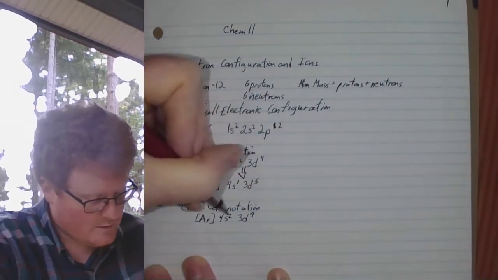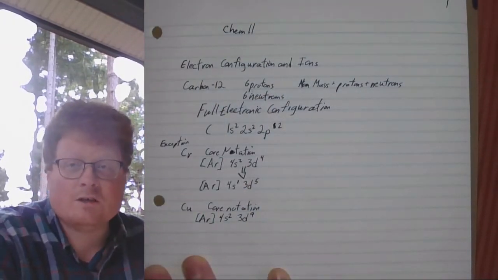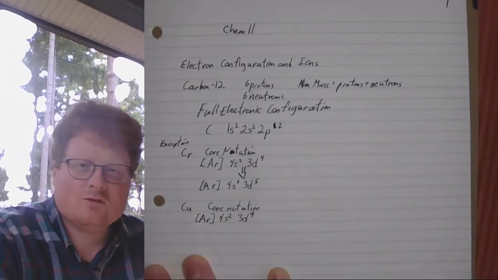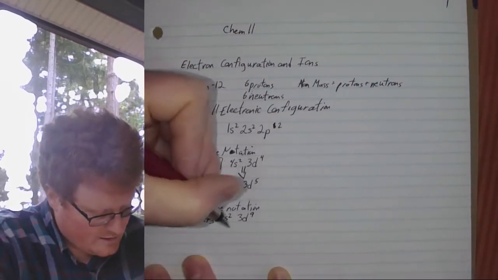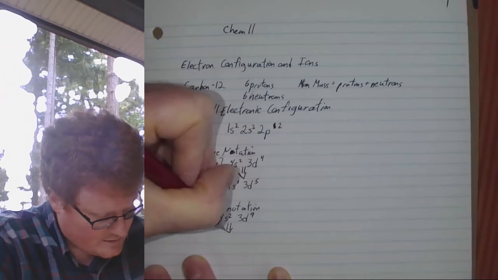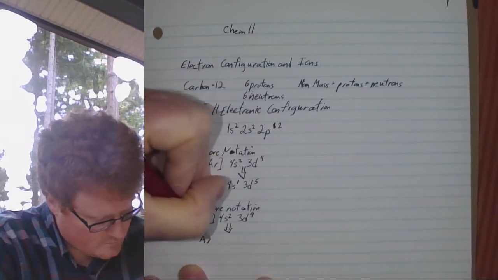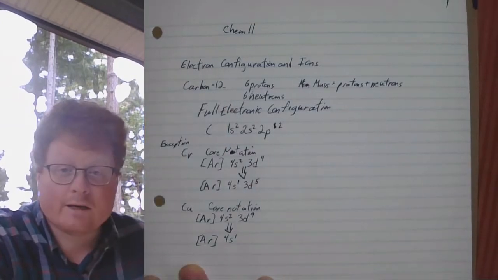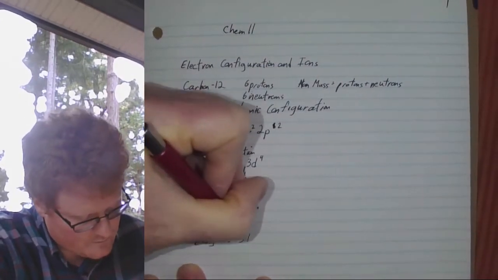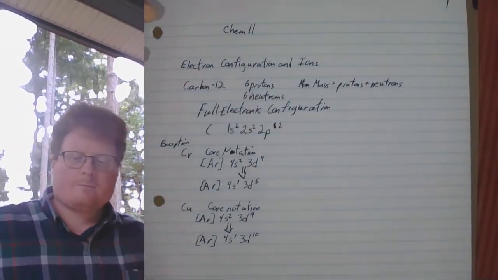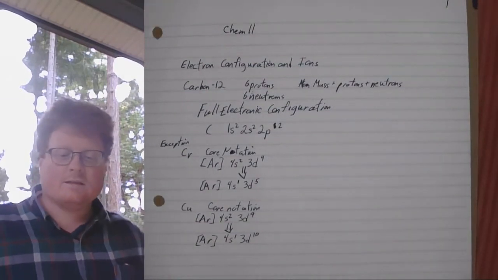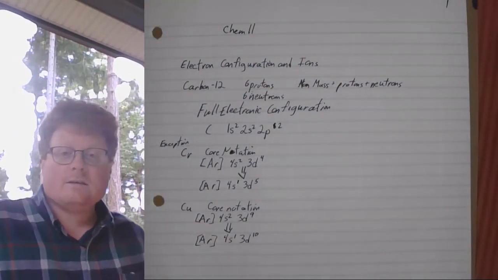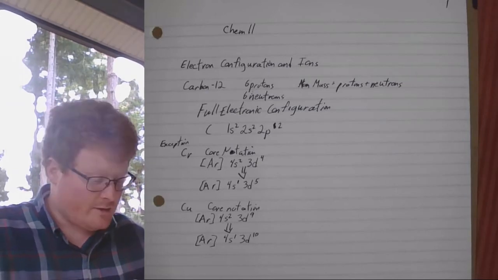Okay. 3d is almost filled. It's so close. So what ends up happening is it takes that electron from the 4s and it fills the 3d. For whatever reasons, electronically speaking, it is more satisfied that way.